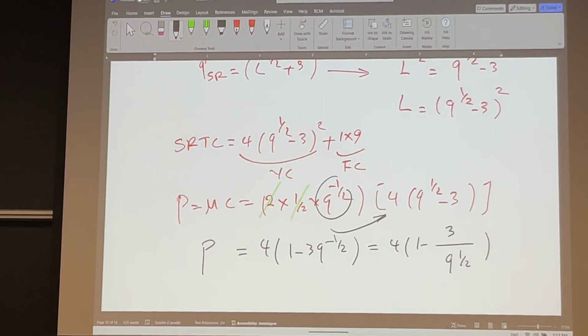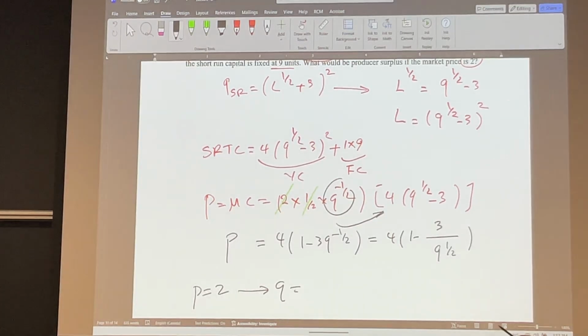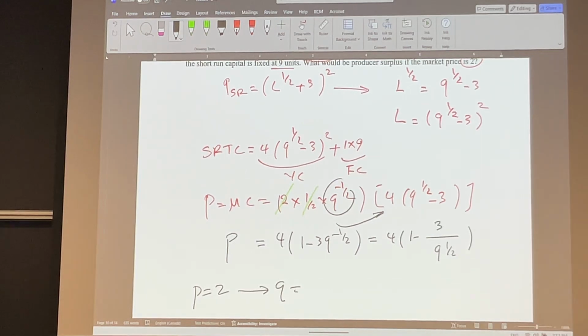Okay. The question says the price is 2. If the price is 2, what would be the quantity? How much is Q? Well, you can actually solve it, but not really solving it.